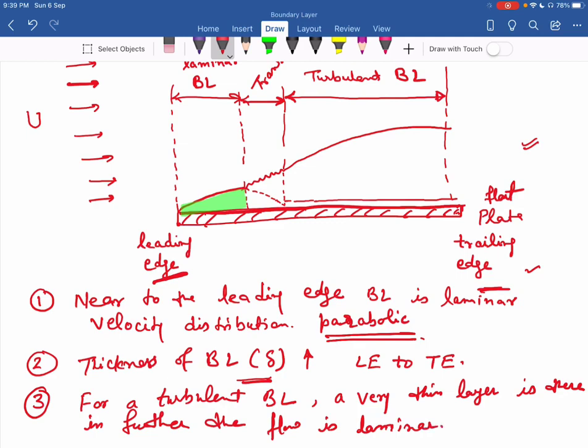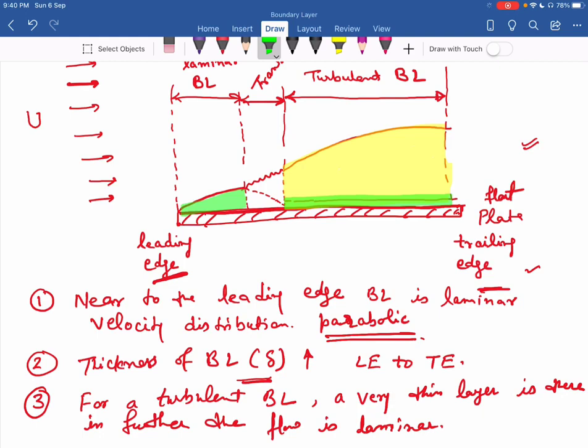You can see in this part of the boundary layer the flow is turbulent, and this boundary shown in yellow color is the turbulent boundary layer. Within it, we have a part adjacent to the plate where the flow is again laminar.